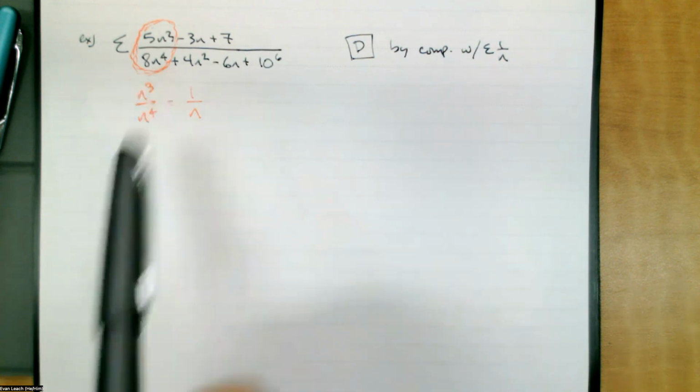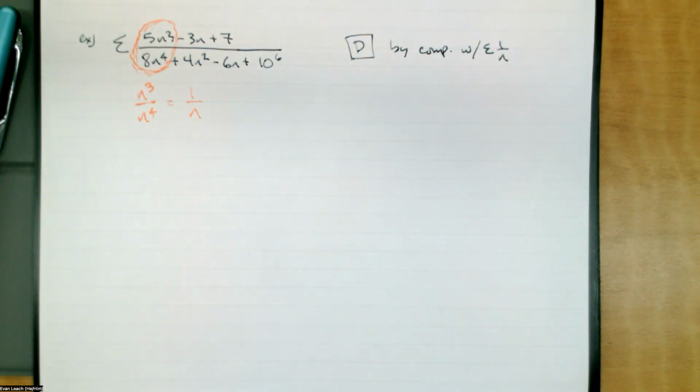In this case, the 5/8 didn't even matter because it was 5,000 or 5 million over 80 million. Any questions?